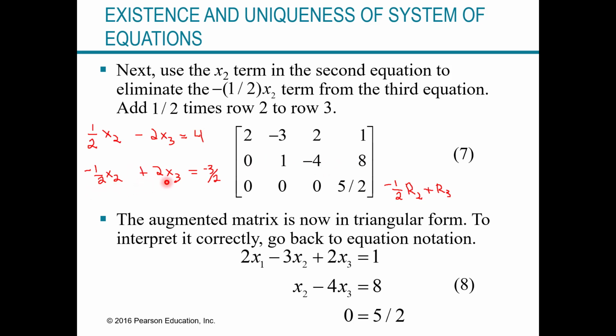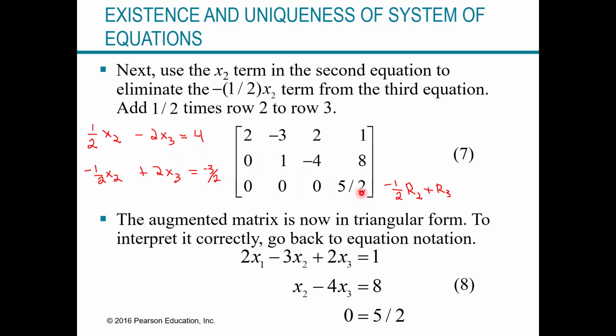Then this was row 3 from our previous form of our matrix, so I just copied it here. If I add those, x2 gets eliminated, so that's 0, like we wanted. But then x3 also got eliminated, so that's 0 as well. Remember, we want 1s in the diagonal, so this is not something we want, but it happened. And then we end up getting this equals 5/2.